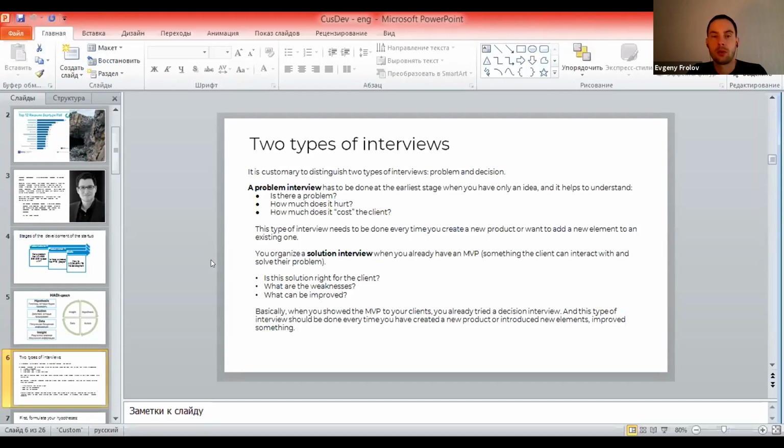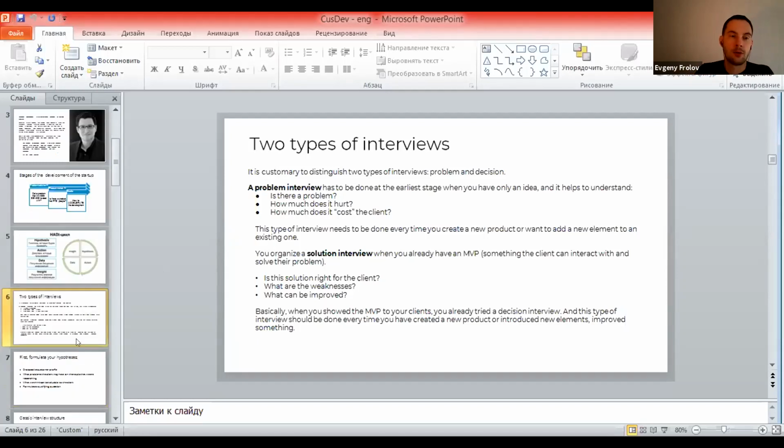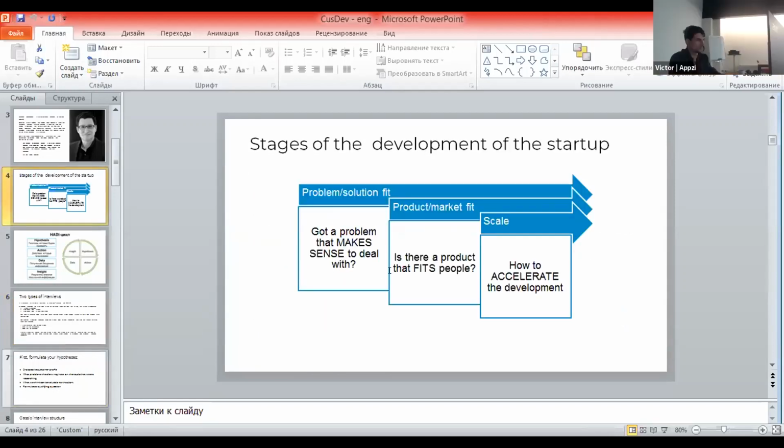Of course, when you have a very early stage MVP, only early adopters can provide you really valuable feedback and not tell you to go to hell. So yeah, two types of interview go to this stage of problem and solution fit.